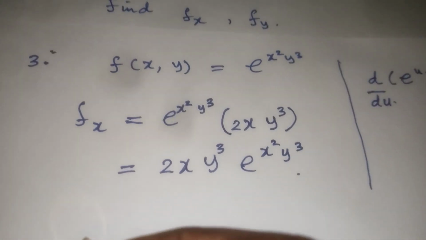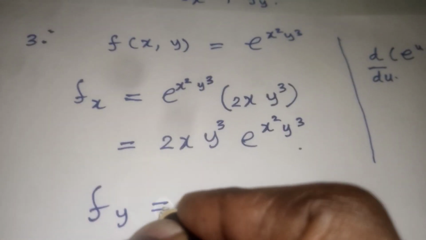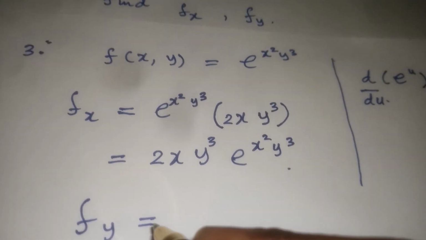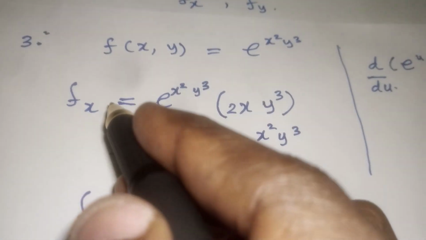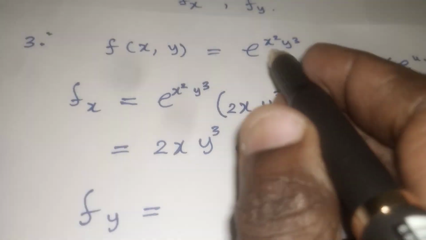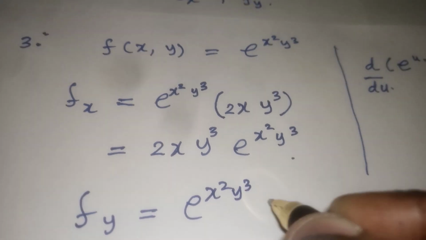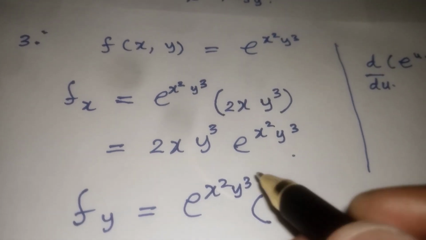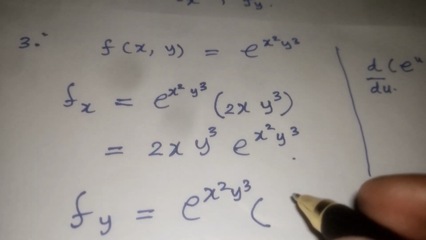Now let us proceed to find fy. We differentiate f with respect to y. It means the same procedure as fx. The derivative of this is e power x squared y power 3 times the derivative of x squared y power 3.